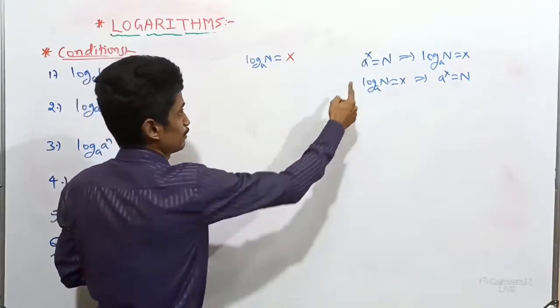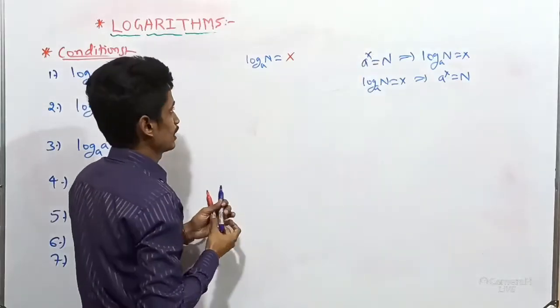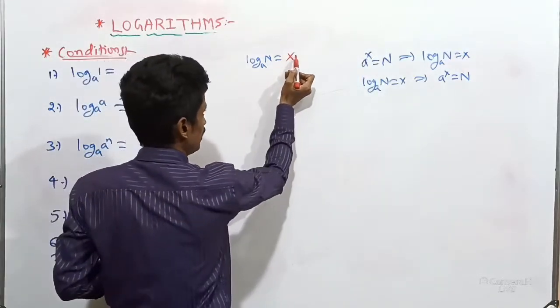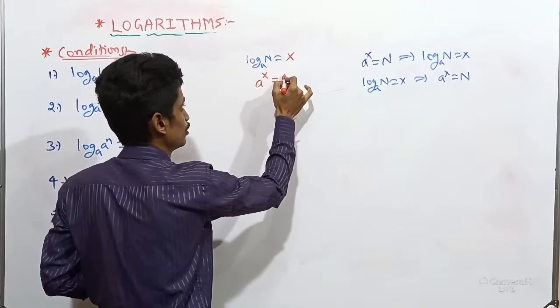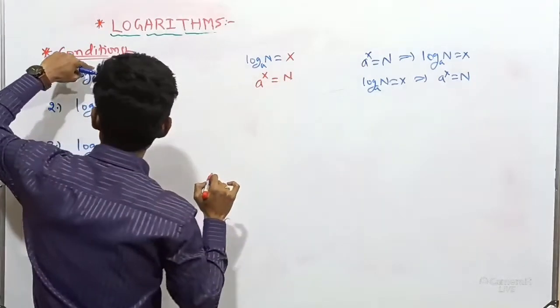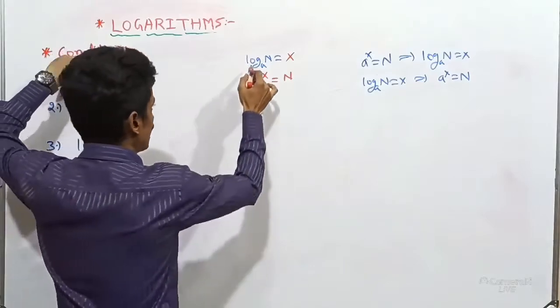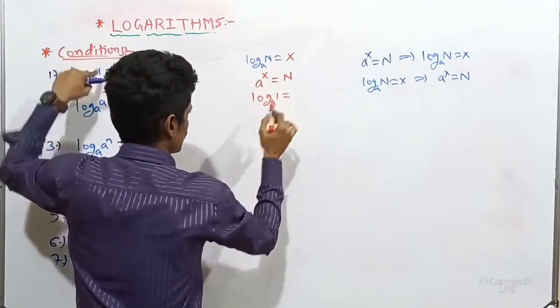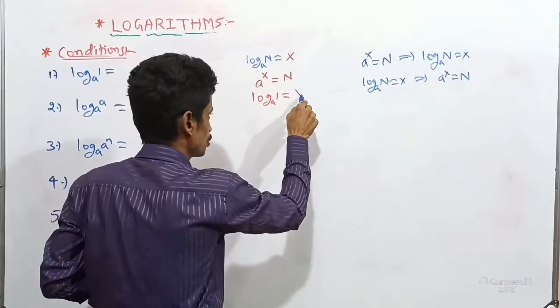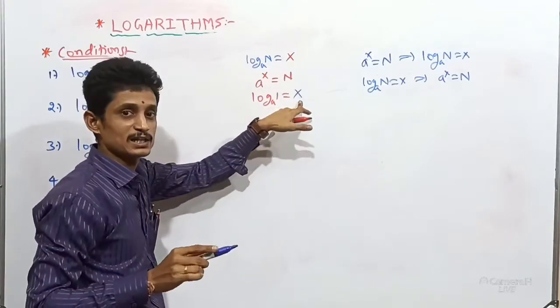Clear? Now represent in index form. How to represent this? a will lift to x, that is a power x equal to n. Now in the place of n, what do you have? That is 1. The RHS result I don't know, I will just write x.